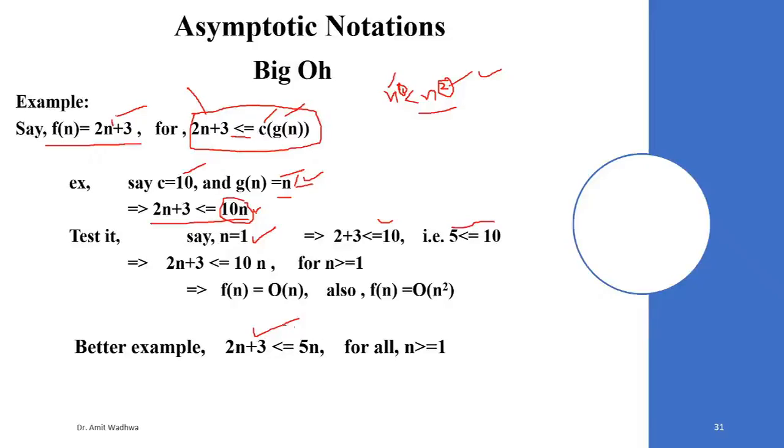Suppose I take the value of c as 5. For n greater than or equal to 1, if I put n equal to 1 here and 1 here, both sides will be 5 less than or equal to 5. So the condition is again true, and we are able to figure out a better option as compared to 10n.